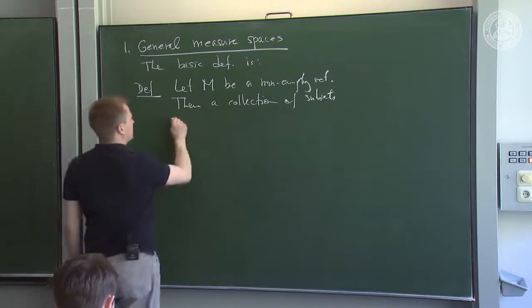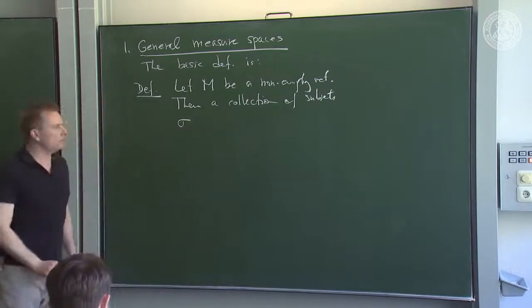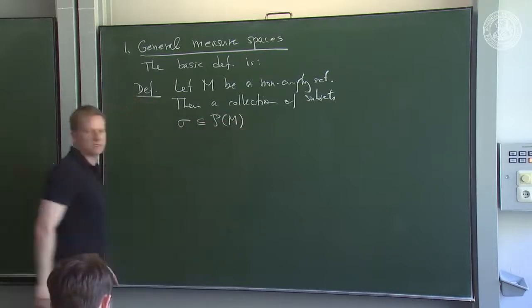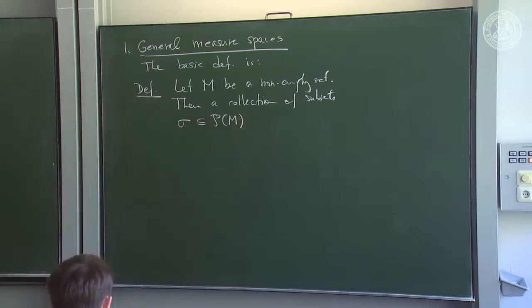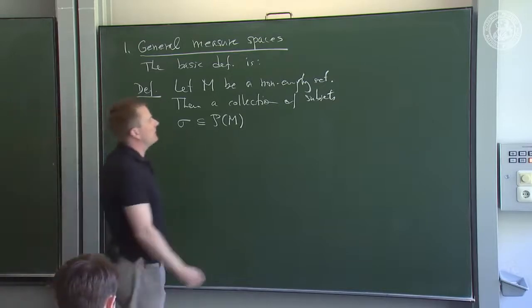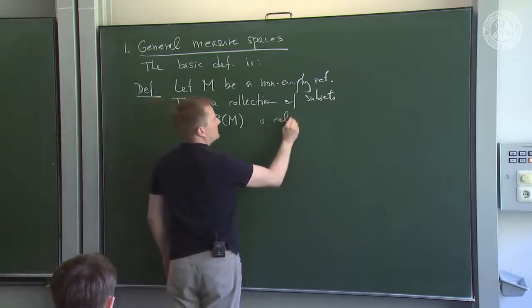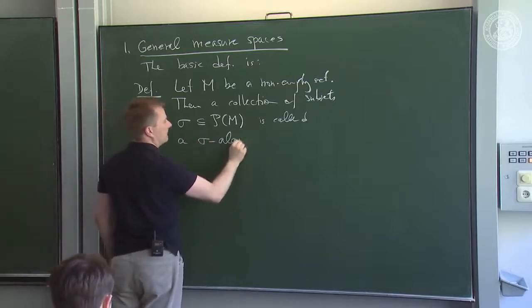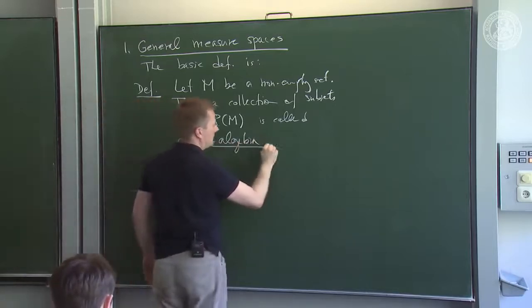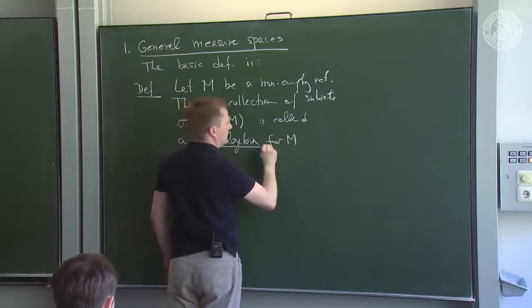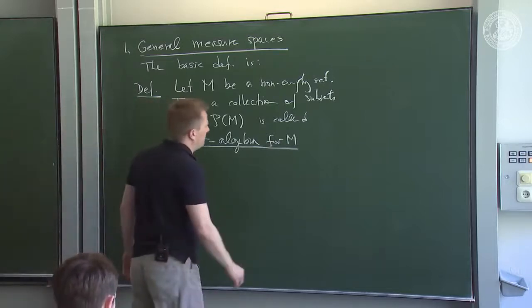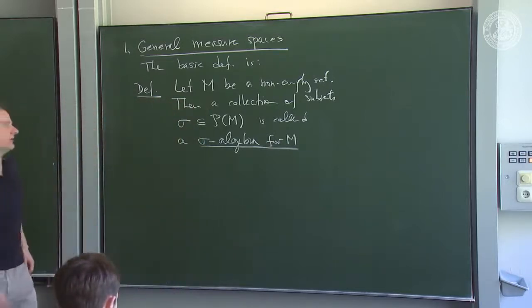Then a collection of subsets sigma, so that's a subset of the power set of M. The power set of M contains all the subsets. Then a collection of subsets sigma in P(M) is called a sigma algebra for M. Now this is a very cryptic piece of terminology, a sigma algebra for M, but that's the traditional term.